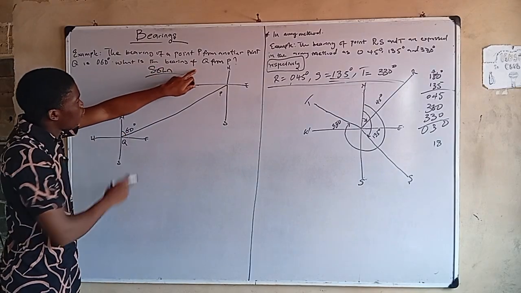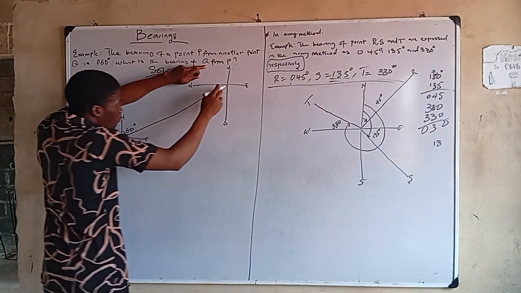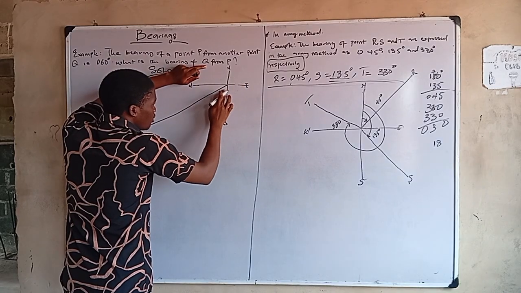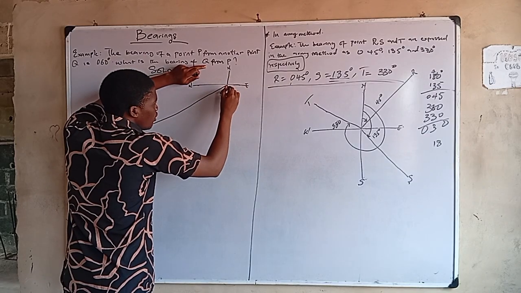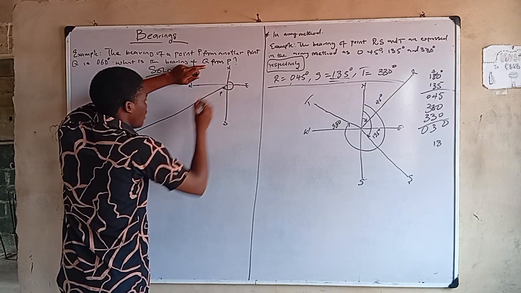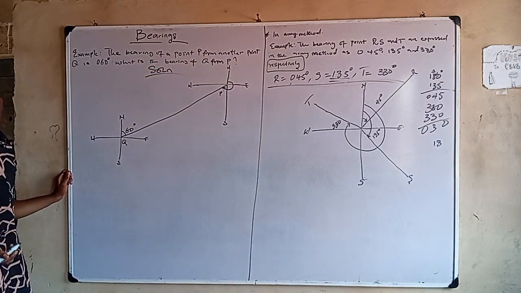What is the bearing of Q from P? We don't know what this angle is, so we want to know what this one is. How are we going to do it?